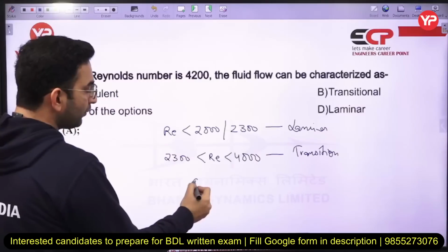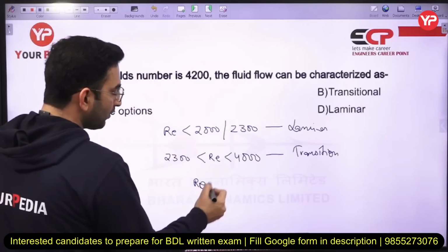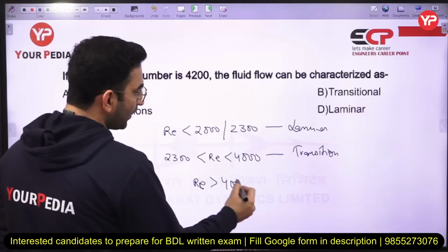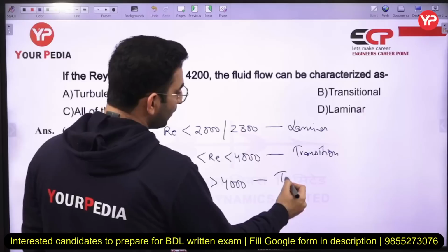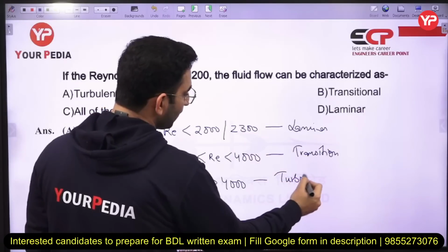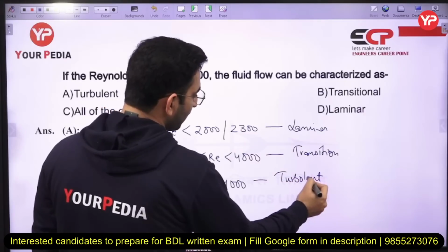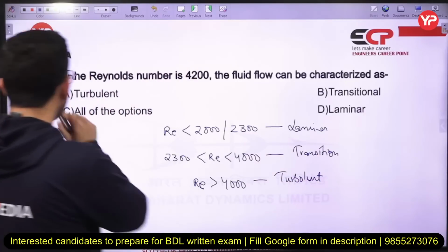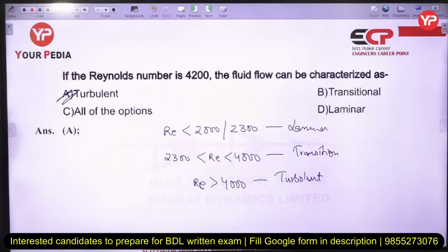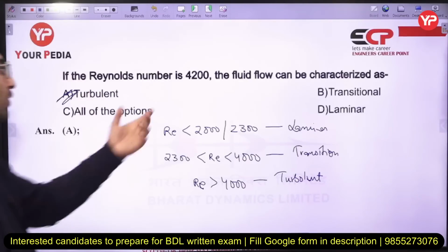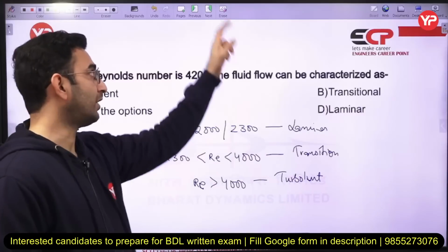And when the value of the Reynolds number is more than 4000, we can say the flow is turbulent. So here option number A is the correct answer, because the value of the Reynolds number is more than 4000.